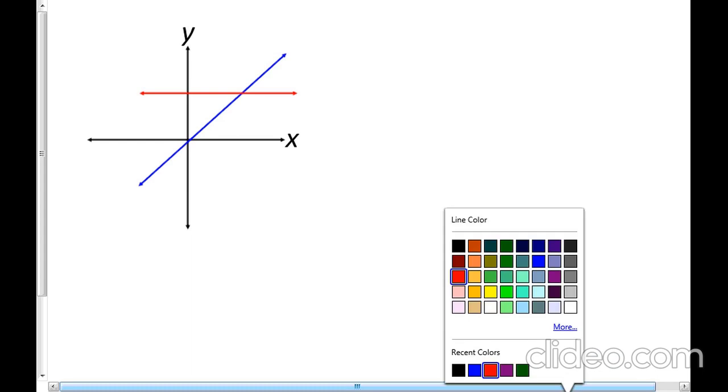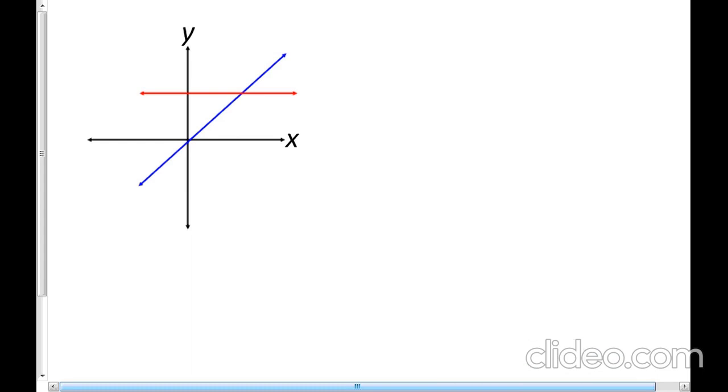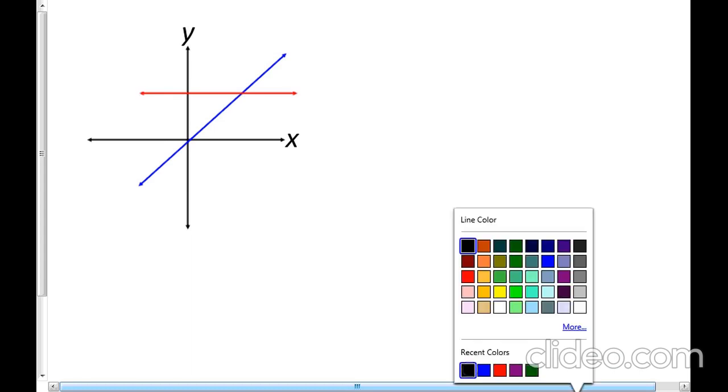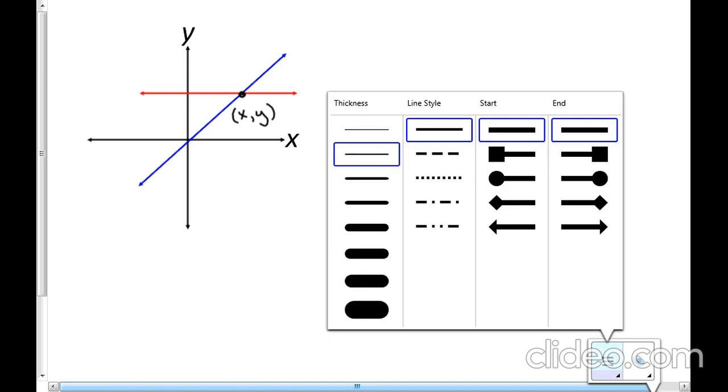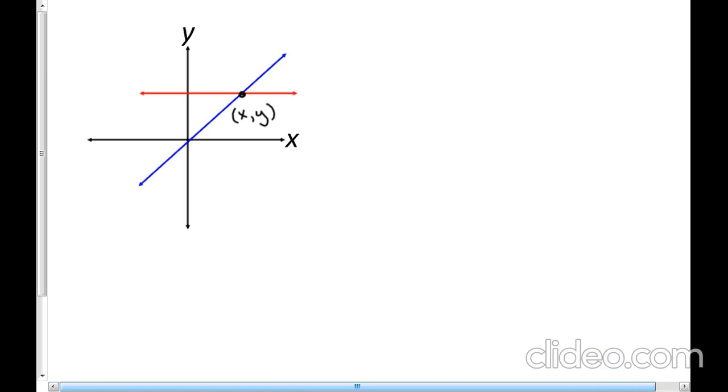So if they intersect once, we know that that is an independent system. The solution for that system would come at that intersection point, and so this would be some x coordinate, y coordinate. So some positive value on the x, some positive value on the y. So this is kind of what we've been focusing on up to this point.